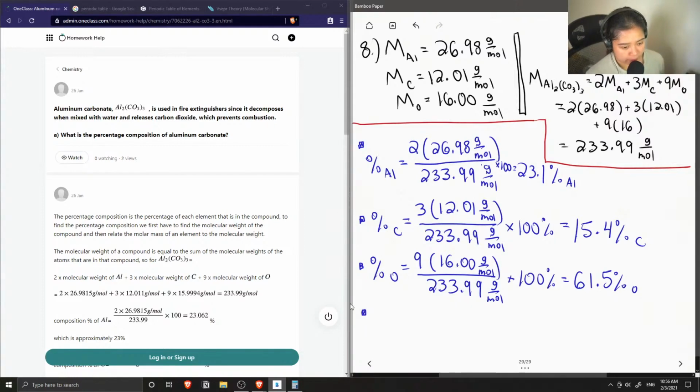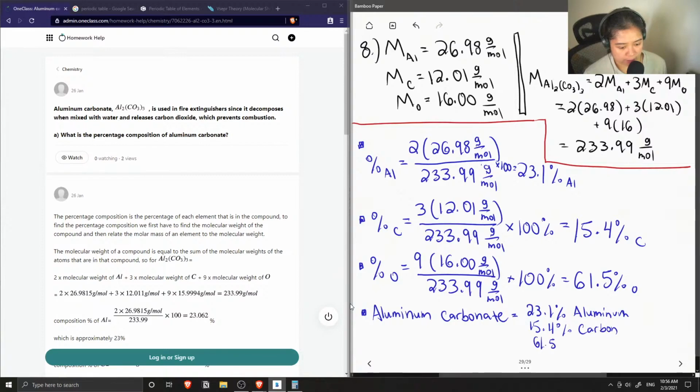So now we can double check to see if all of these percentages add up. So aluminum carbonate is 23.1% aluminum, 15.4% carbon, and 61.5% oxygen.